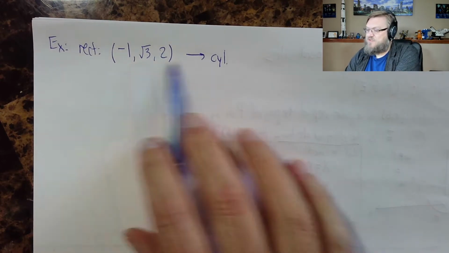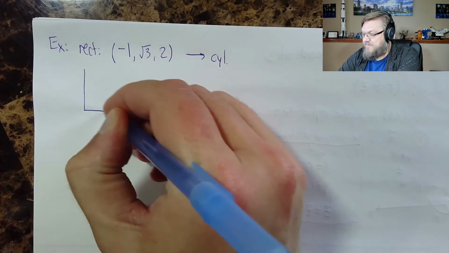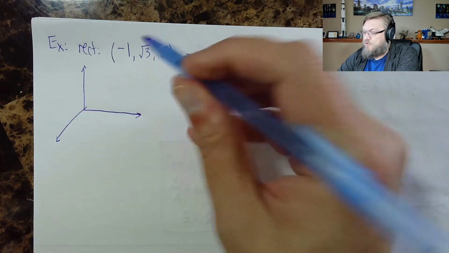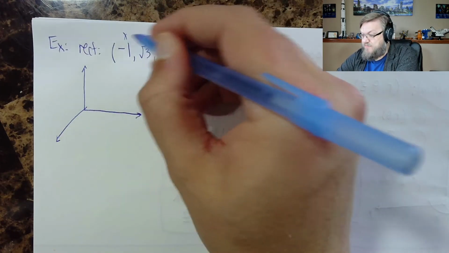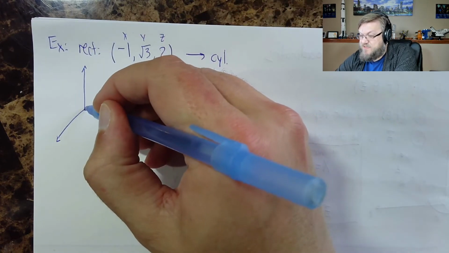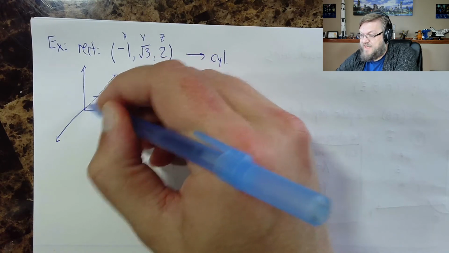Okay, so I want to convert this rectangular point to cylindrical. First, let's get a fix on where this is. The x-coordinate is -1. This is y, this is z. So the x-coordinate is -1, which is in the second quadrant over here.